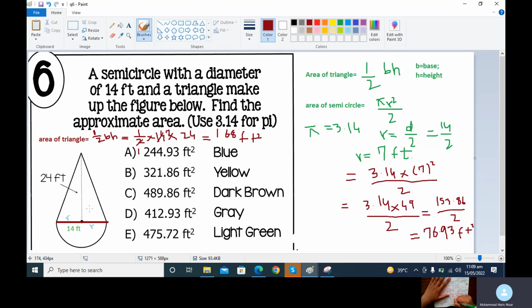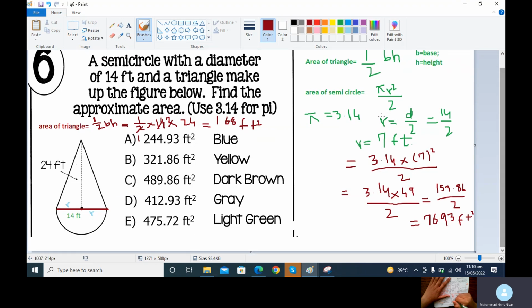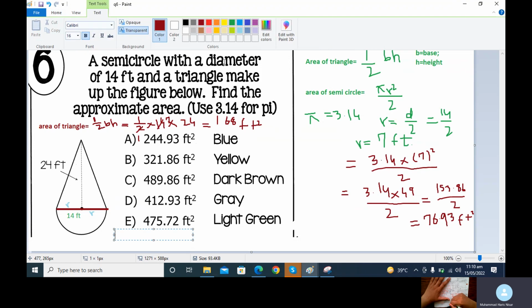You need to add the area of, let me write, I think there is very limited space. Okay, let me write it. Area of figure will be equal to area of triangle plus area of semicircle, isn't it?